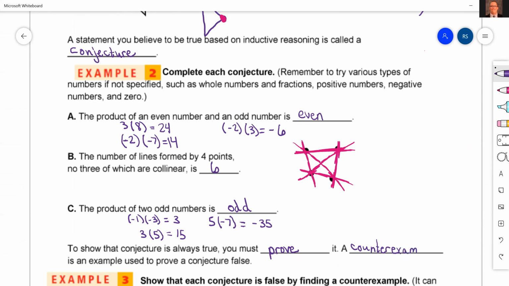Be the devil's advocate on this case and try to find any counterexample to show that it's false. So a counterexample shows a statement is false.